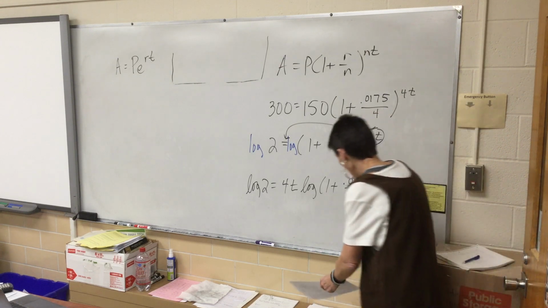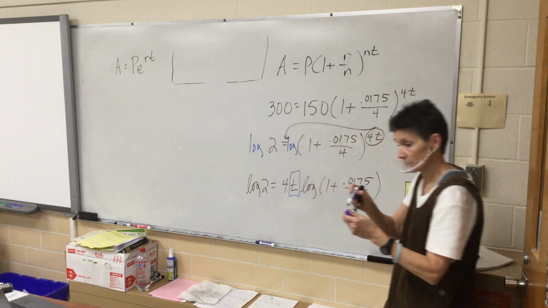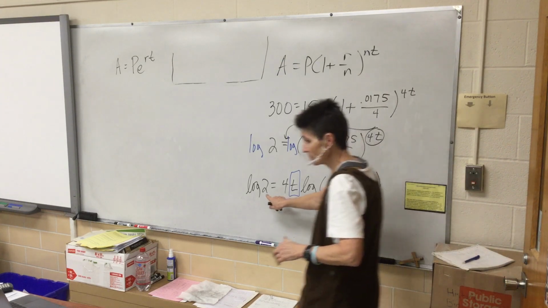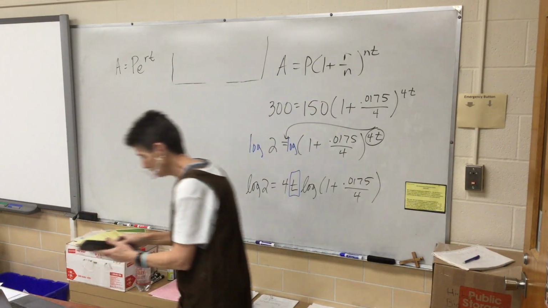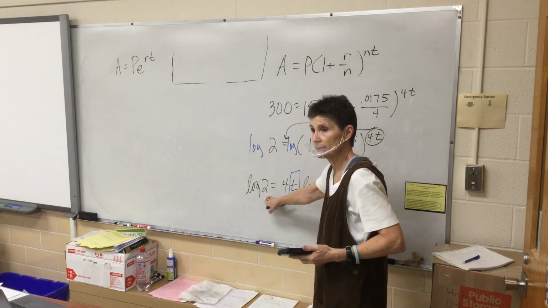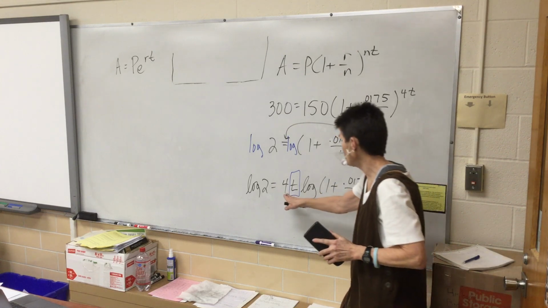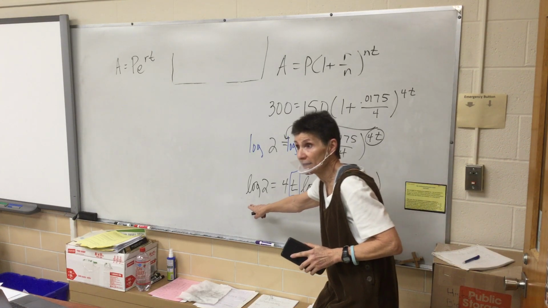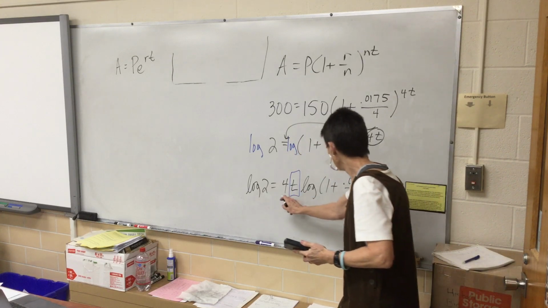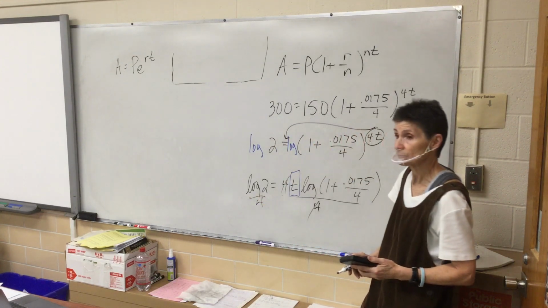Now, this is what I'm solving for, right guys? Isn't that what I'm solving for? So I have the log of 2 over here. Okay, so I have that in my calculator, the log of 2. Now what do I need to do to the log of 2? I need to divide both sides by 4. So I'm going to hit divided by 4. Okay, so I divided by 4, and now that's gone.